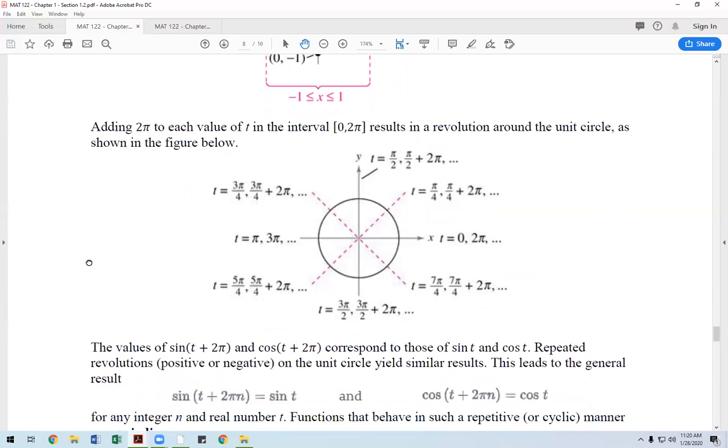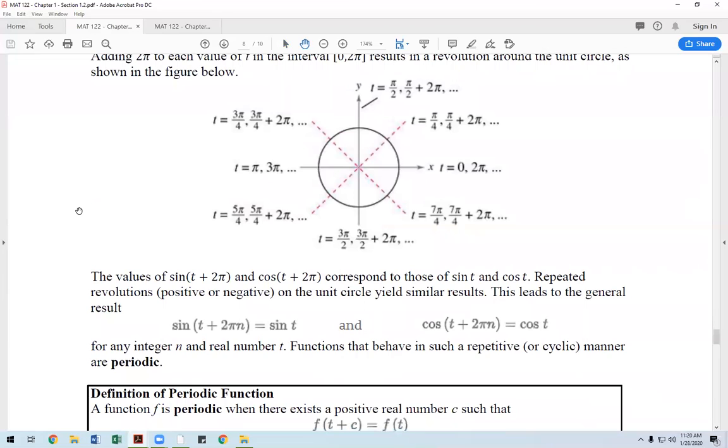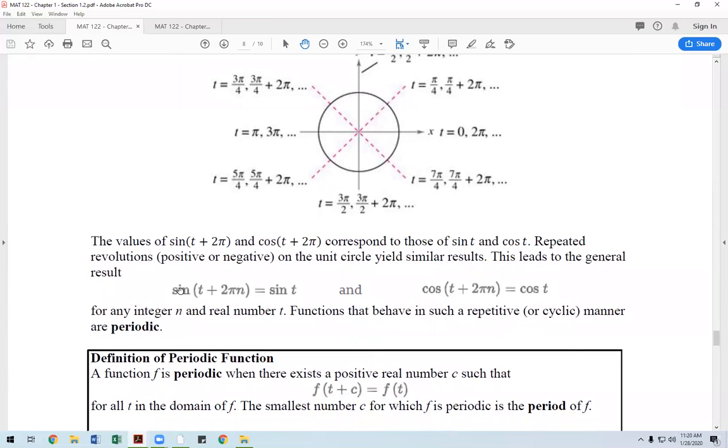So basically what we are saying is, if I can take a given value of t and add 2 pi to it with my sine or cosine functions, I'm basically going to be completing a revolution and coming back to the same point. So we can actually use this idea of you can do as many revolutions as you like. So it's not just with one revolution, right? I can make 2 revolutions, 3 revolutions, and I still end up at the same place.